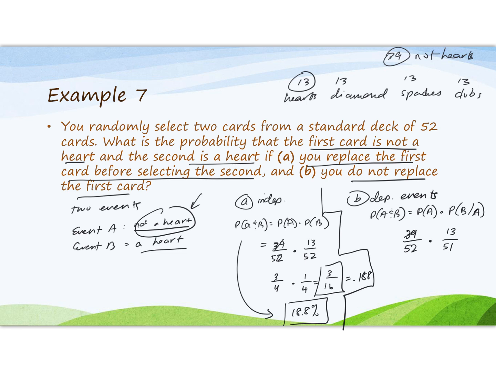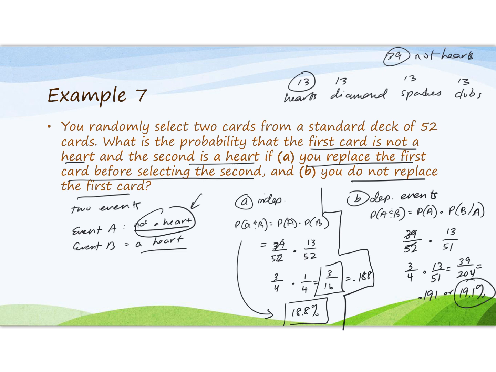So let me simplify 39 out of 52. That's 3/4 times 13 over 51. And so your probability of A and B without replacing the card is now going to be 39 out of 204. And when I do my probability, I'm going to get 0.191, or 19.1%.